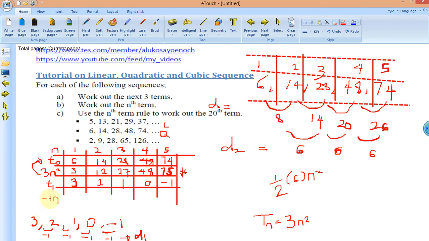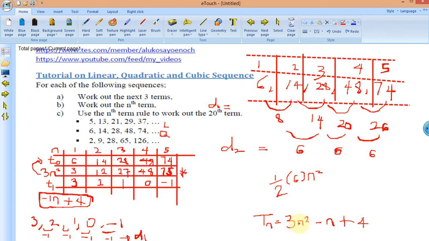This is the method I used for the first linear question, and this is the remaining part of the nth term. I don't need to write minus 1n, so it's just minus n plus 4. Let's confirm if our formula is correct. So when n is 1, I have 1 squared.